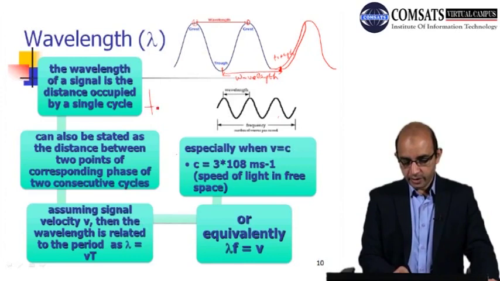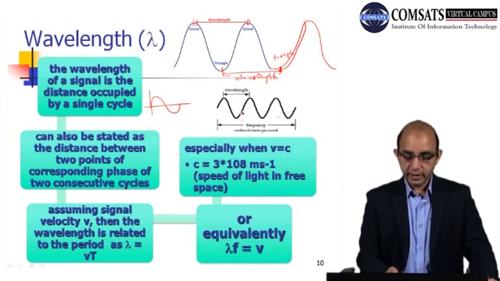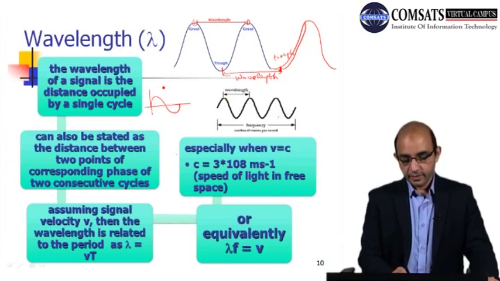For example, I have a wave and I want to know the wavelength. If I take it as a thread and I have a scale here, then I measure the length of this thread. This will represent the wavelength.